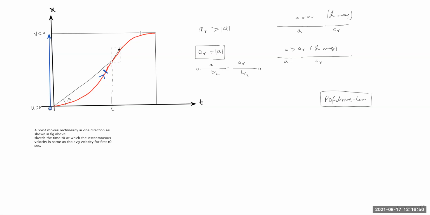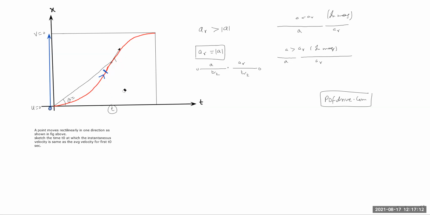Now you tell me, are this angle and this angle equal? No. So t must be selected in such a way that these two are the same.